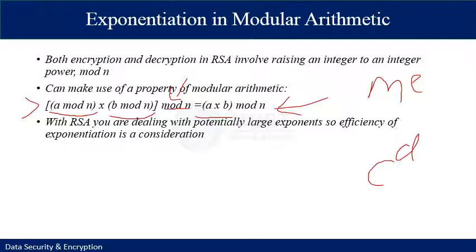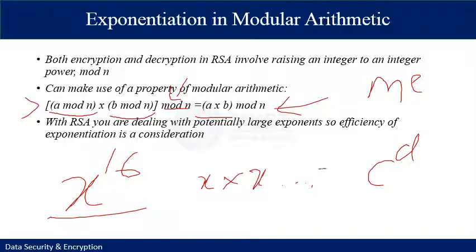To see how high this efficiency might be, you can consider a simple example. For example, if we wish to exponentiate x to the power 16, a straightforward approach would be to multiply x with x 16 times.